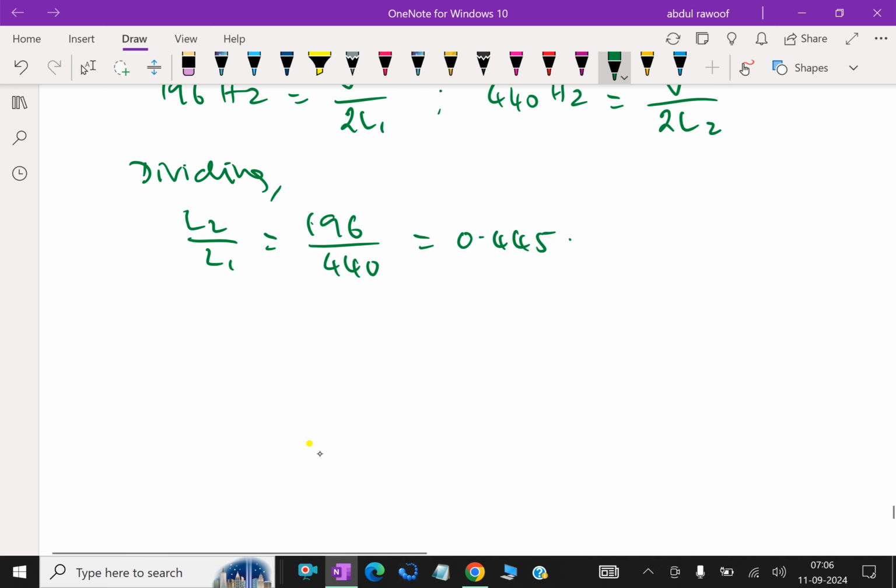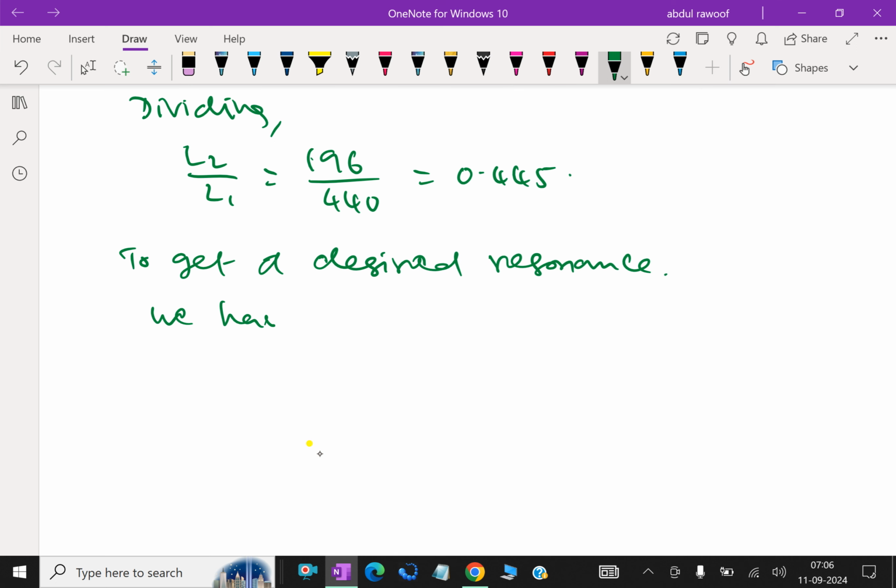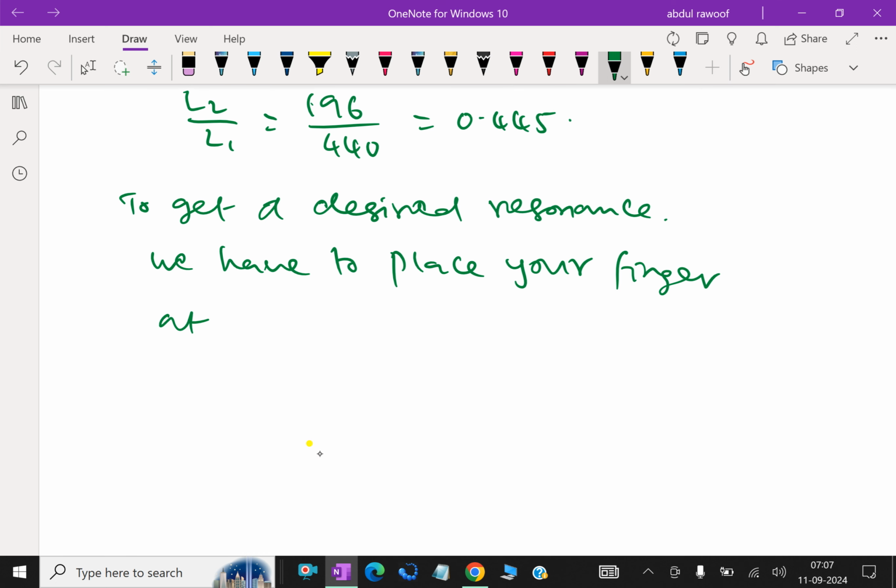So to get your desired resonance, you have to place your finger at 0.445 of its original length.